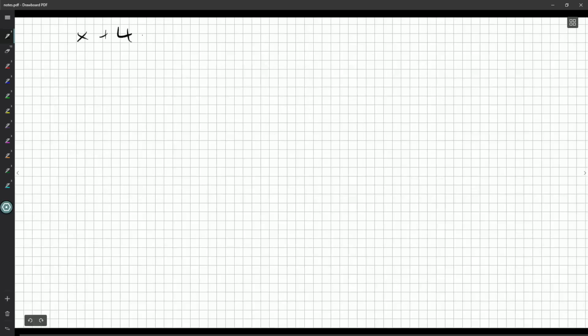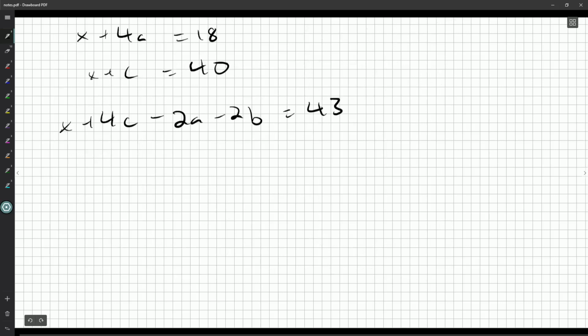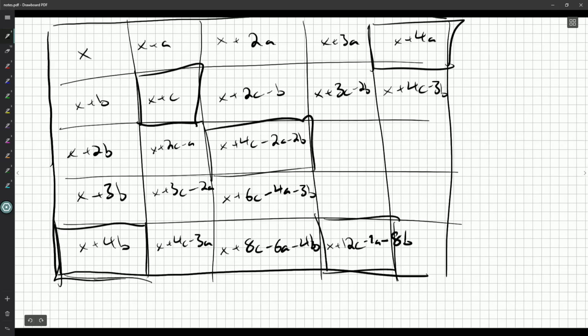So X plus 4A is 18. X plus C, I think that was 43. And the next one over, X plus 4C minus 2A minus 2B was 40. And then 26, I think, was the bottom number.